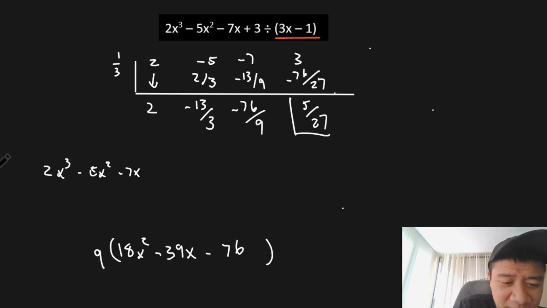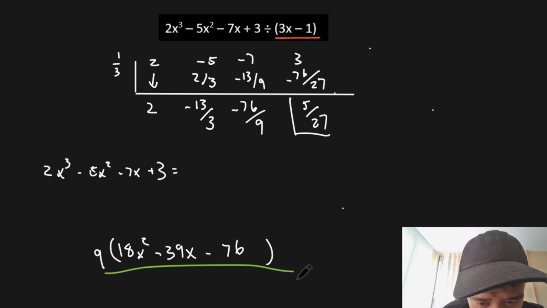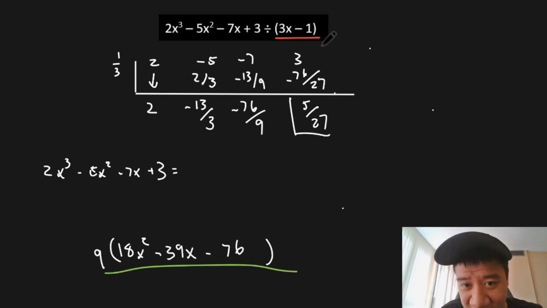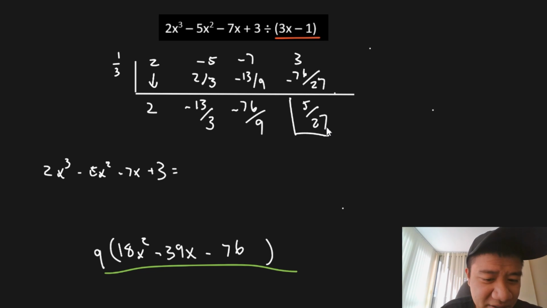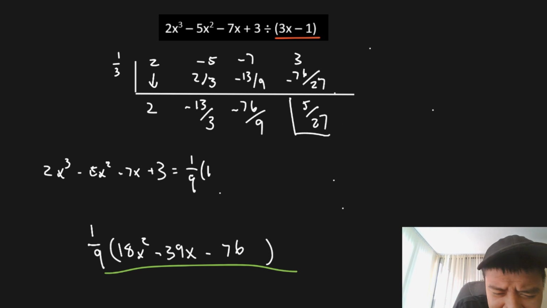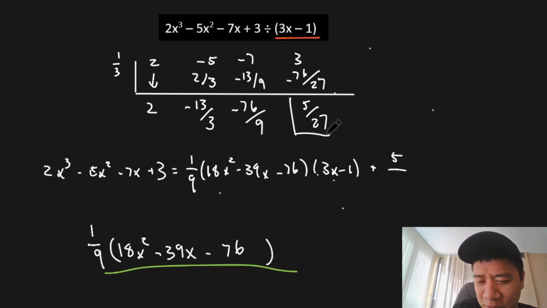So you can write this as our quotient times our factor over here, plus the remainder. Oh, I actually erased the 1 over 9 here. Okay, so 1 over 9, 18x squared minus 39x minus 76, times 3x minus 1, plus 5 over 27.